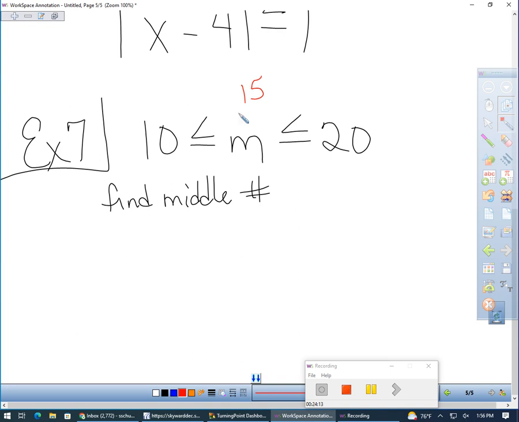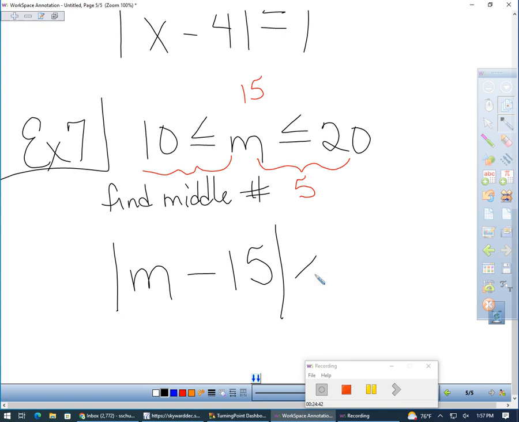You're going to take your two ends, add them together, and divide by 2, right? Okay. Then the next thing, before you can write it, you need to know what is that distance from 15 to 20 and 15 to 10? 5. All right, now we can write our equation. We have the absolute value. My variable is m minus my middle number, which is 15, less than or equal to 5.